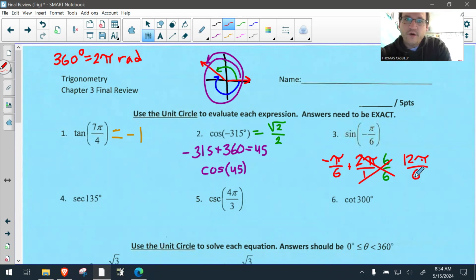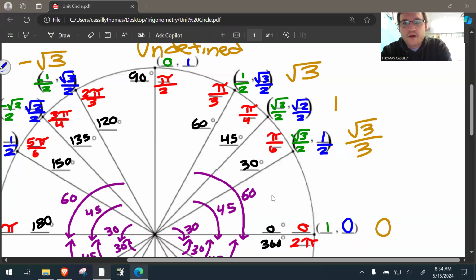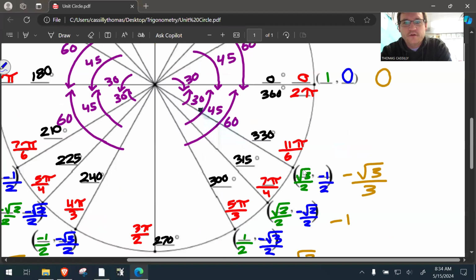So -11 pi over 6 plus 12 pi over 6 gives us 11 pi over 6, which is definitely on our unit circle. So sine of 11 pi over 6 is right here. That's -1/2.